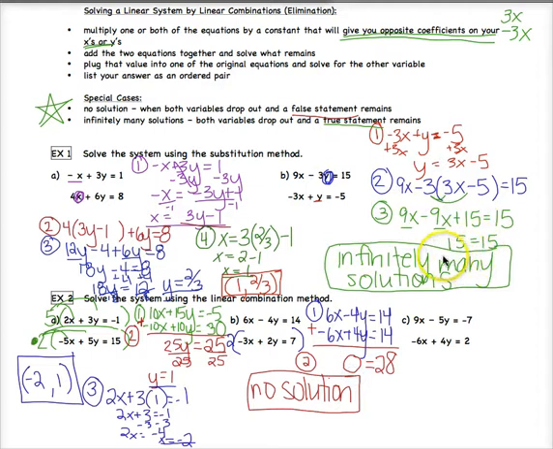All right, last one. So looking at C, I want to get my opposites. There's nothing I can multiply 6 by to get 9. There's nothing I can multiply 4 by to get 5, so I'm going to have to multiply on both equations here. So I'm going to go ahead and deal with the y's because the numbers are smaller. So 5's bigger.